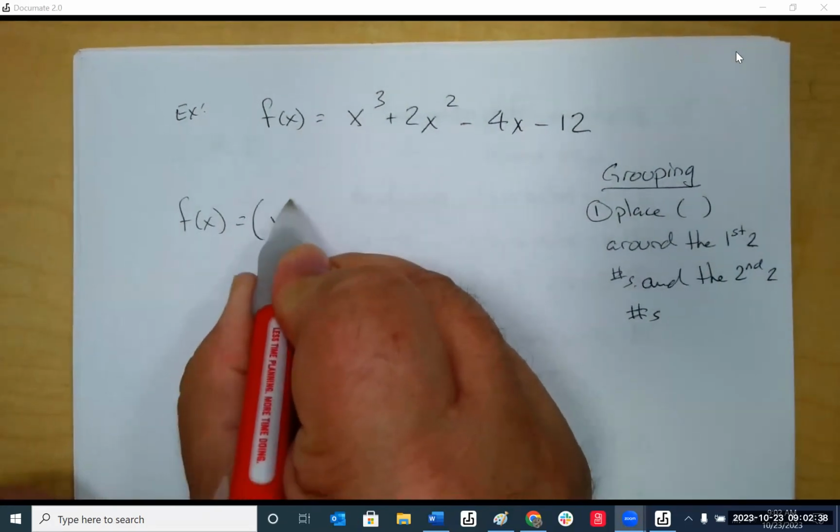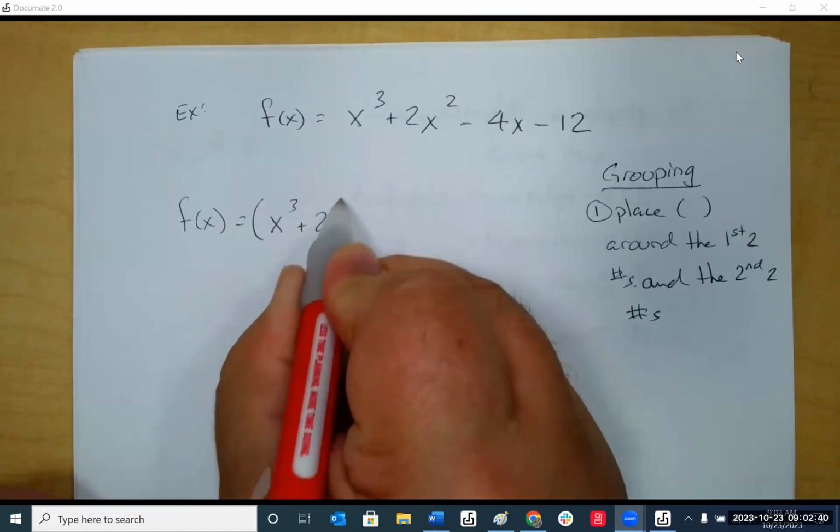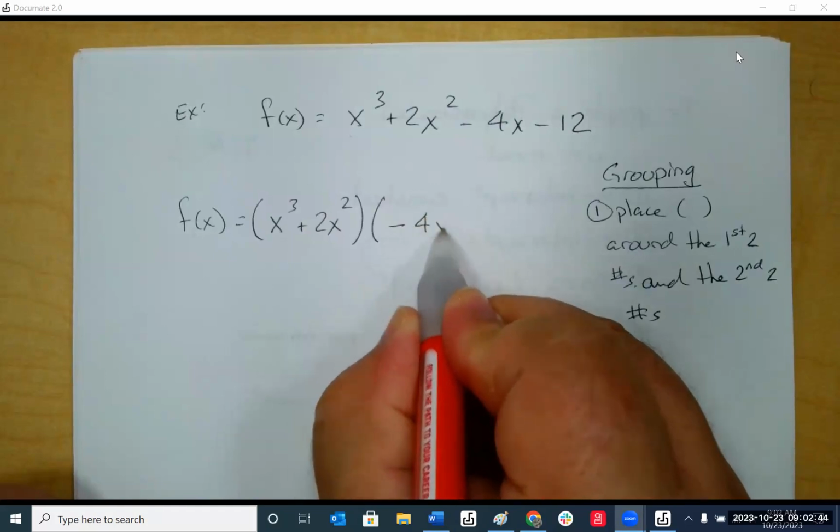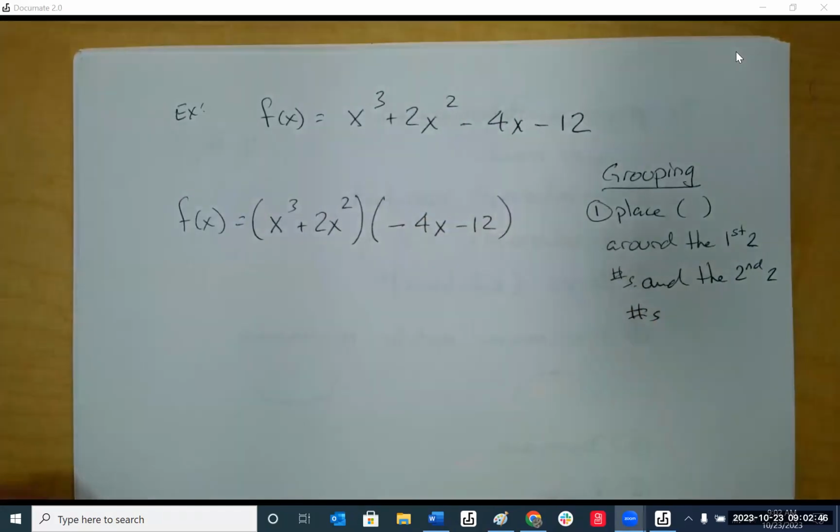So we have x cubed plus 2x squared minus 4x minus 12.